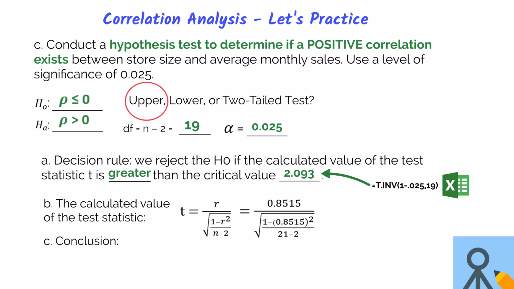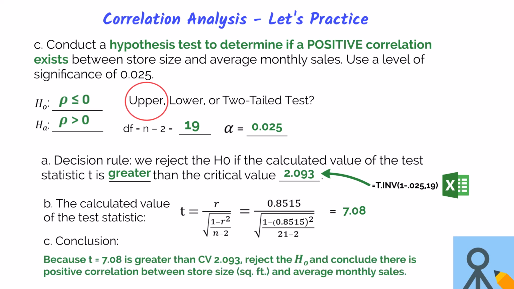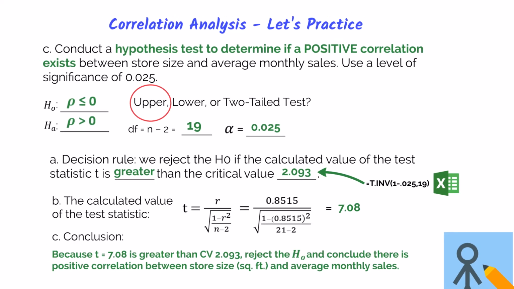We will then take the square root of that whole thing. Then finally, we will divide the numbers and we get 7.08. So our conclusion is, since t of 7.08 is greater than the critical value of 2.093, we reject the null hypothesis and conclude that there is a positive correlation between store size and average monthly sales.